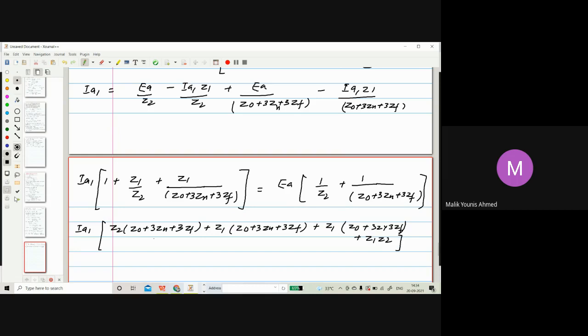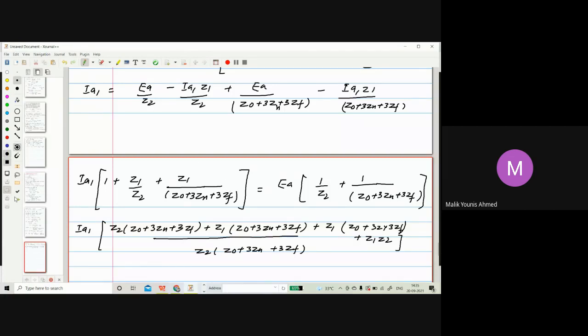Divided by this whole term, which will be the same denominator we'll be having: Z2, Z0, 3Zn plus 3Zf. Again, this will multiply both. We are going to multiply only Z1 by this term. Just a second, I have written it twice.